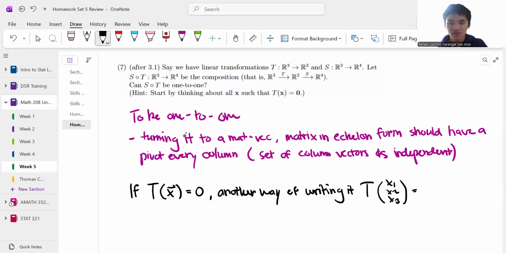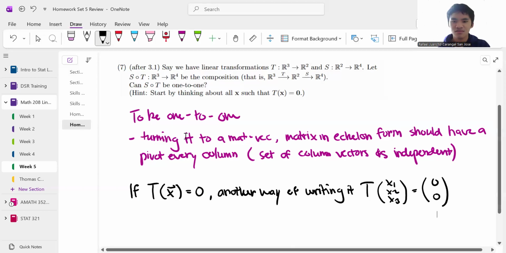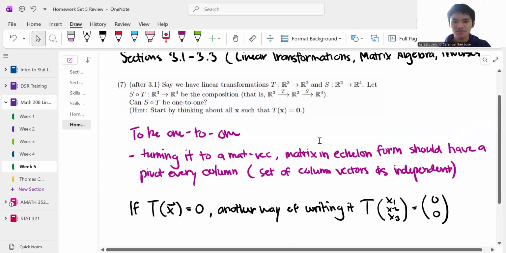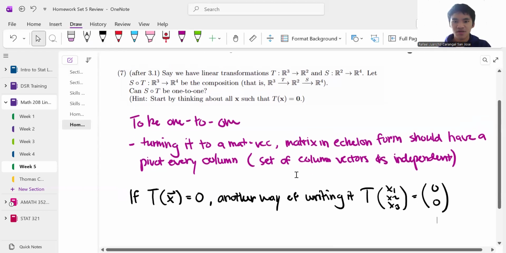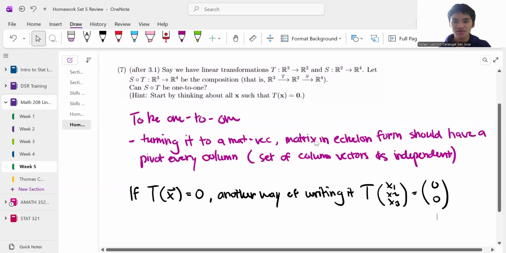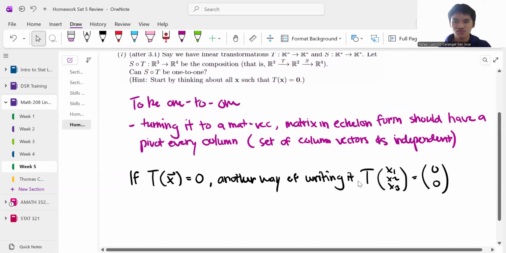This is going to equal a vector of 2. Now, is there a way to make this possible? Is R3 to R2 possible?